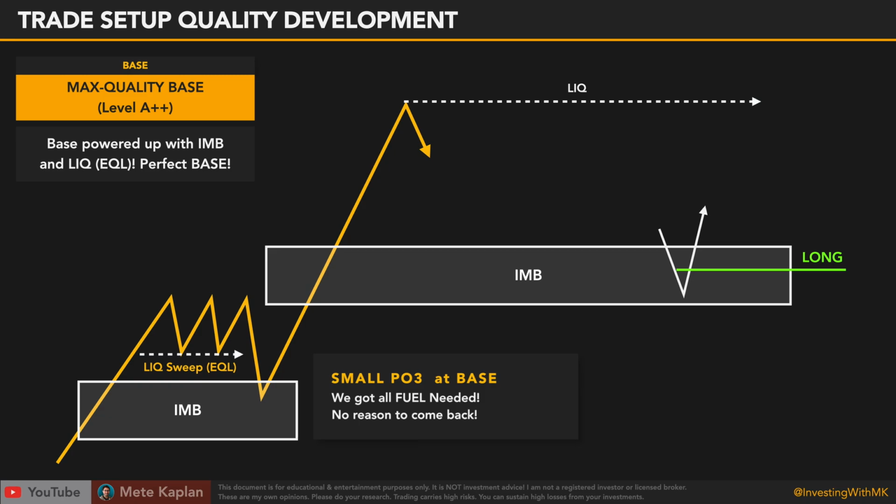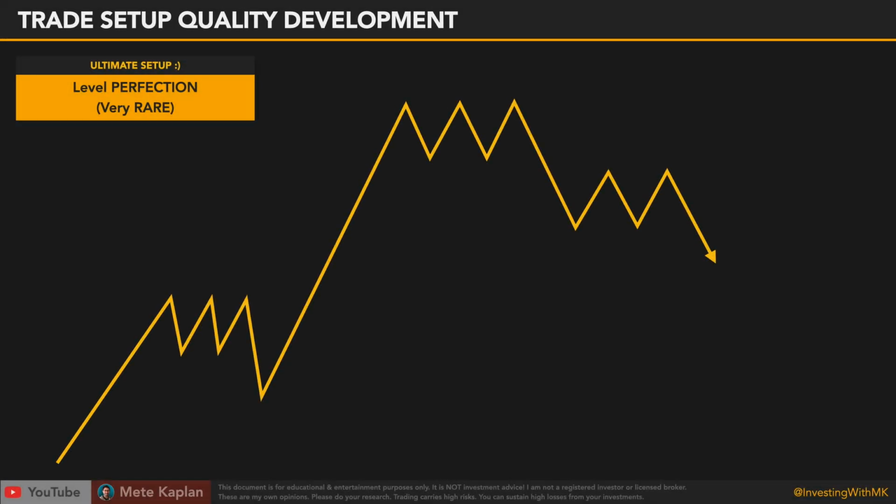Remember, price seeks fuel to move. The fuel is imbalance and liquidity. If the fuel is already taken, why do you need to refuel? Very, very simple logic. So, let's sum everything up.